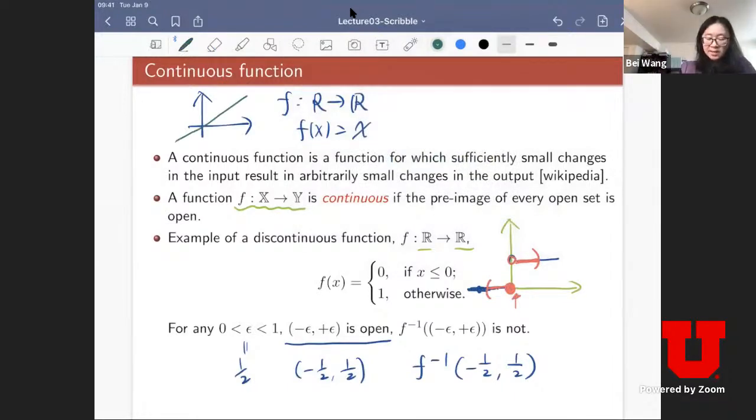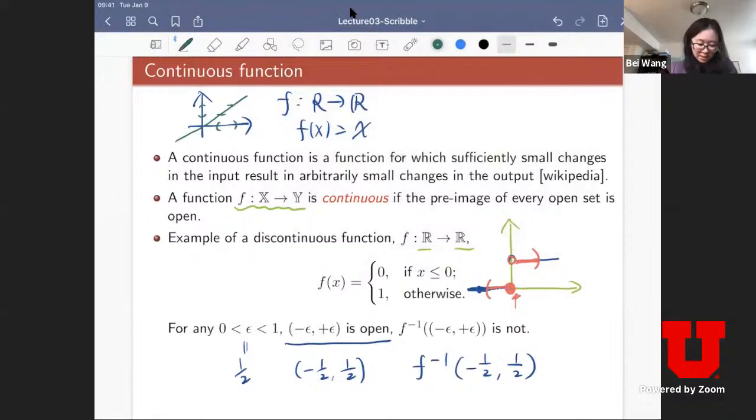So now if I take any open interval on the real line, sort of the pre-image of any open interval. So if I take the pre-image, okay, so I take this interval. Sorry, I think it was a little bit confusing here. And I go to the inverse map, they are all open intervals.